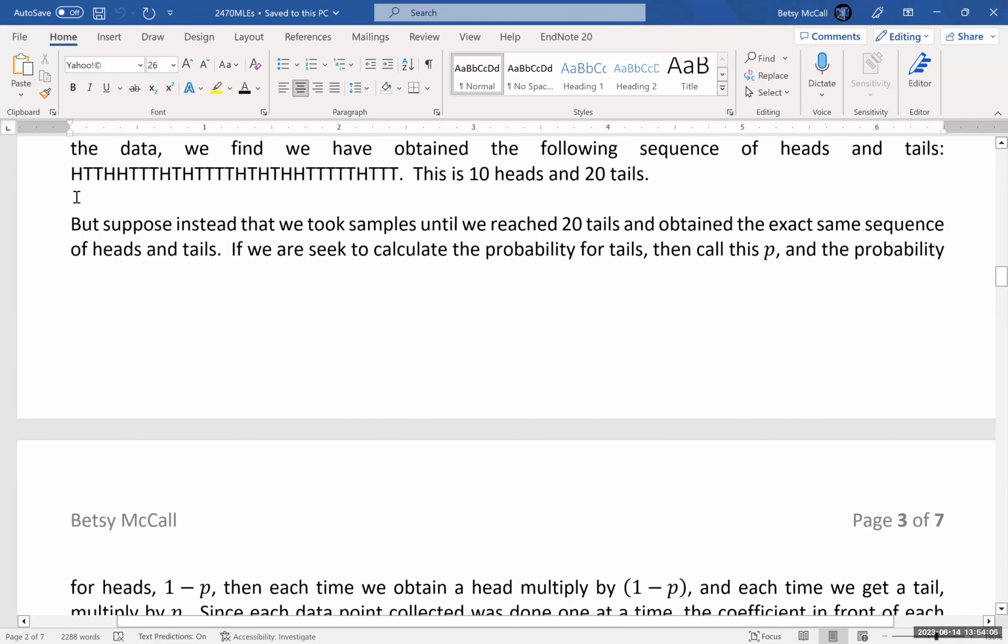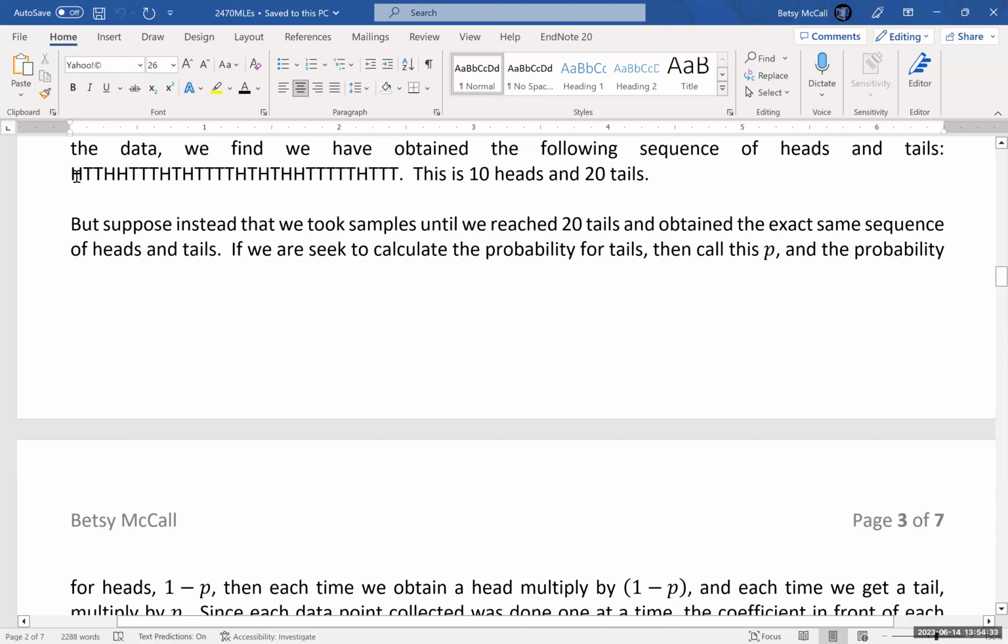In our first scenario, we got a head, and so the probability for heads is 1 minus p. And then each time we have a tail, we multiply by p. Depending on which thing you're solving for, probability of heads or probability of tails, you could flip these, as long as you're consistent with what you're designating to be what. It won't make any difference.